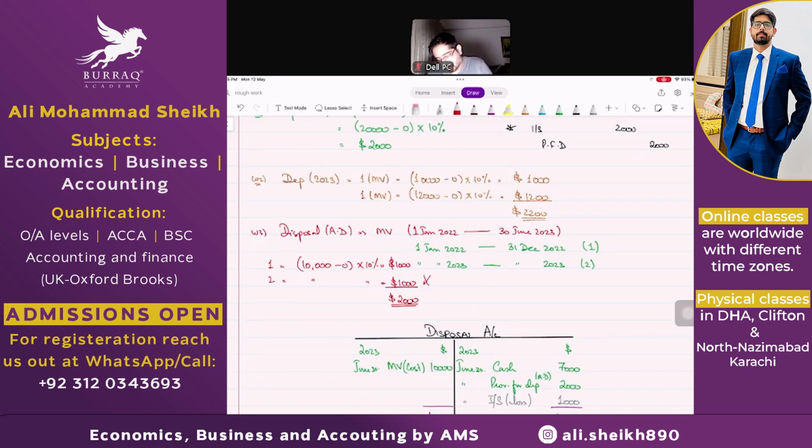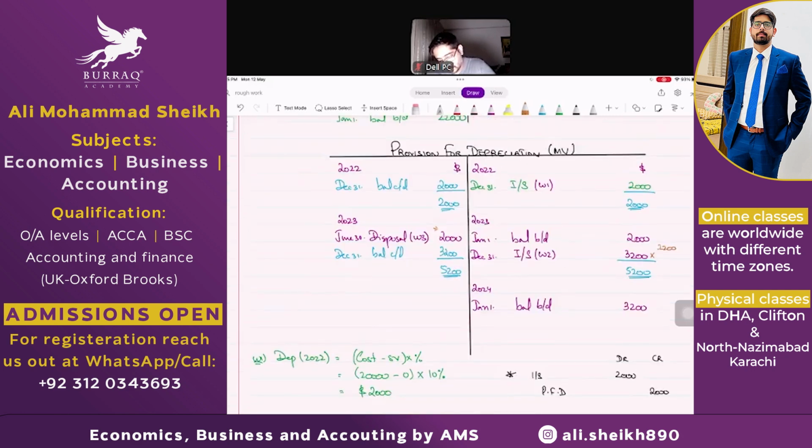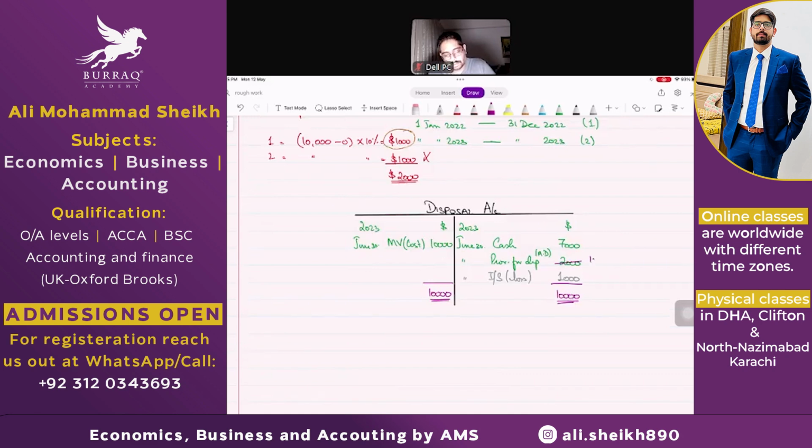The accumulated depreciation would be only for the 1 year, that is 2022. So the answer of accumulated depreciation would be changed with $1,000, and in disposal account this amount would be changed with $1,000. So the loss of $2,000 would incur if the policy says there would be no depreciation charge in year of disposal.